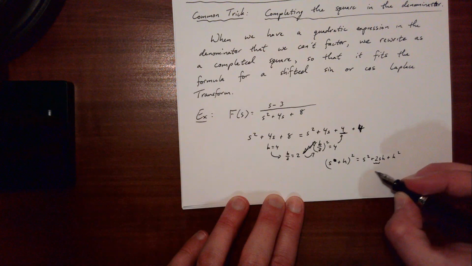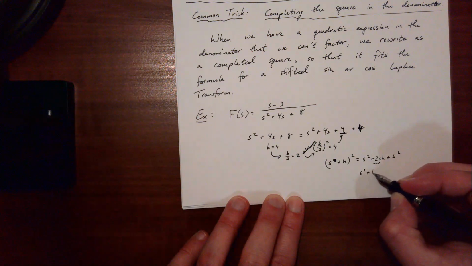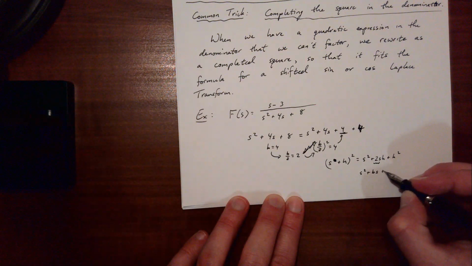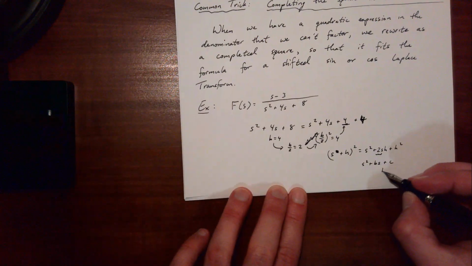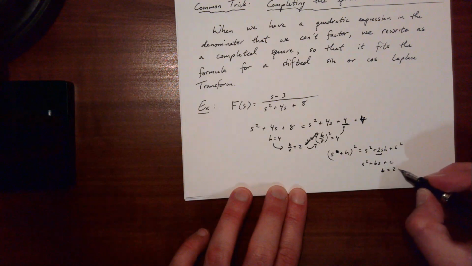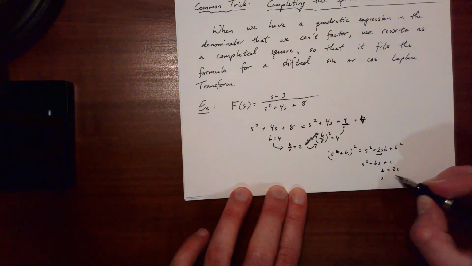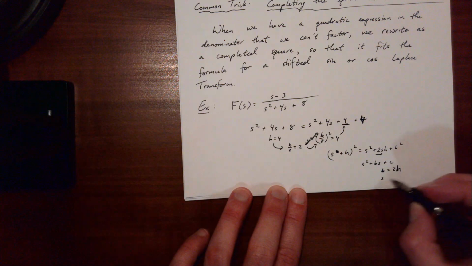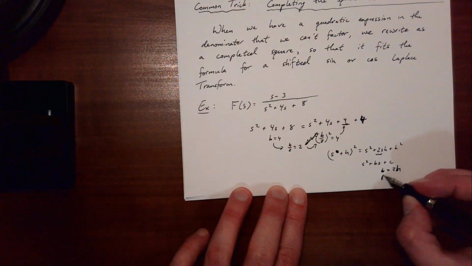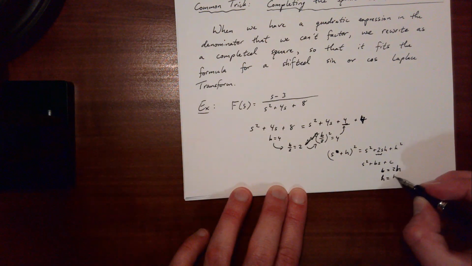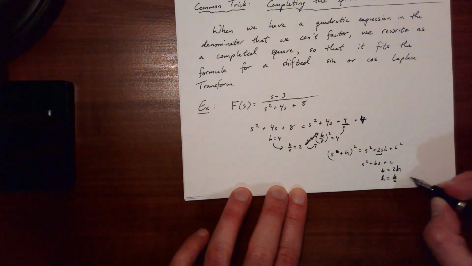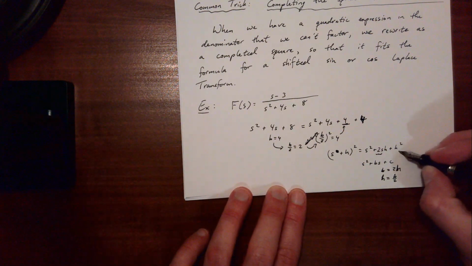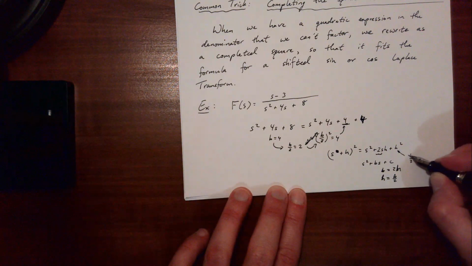And so then if we have s squared plus bs plus c, then b is equal to 2h. So then h is equal to b over 2. And then this would be b over 2 squared.